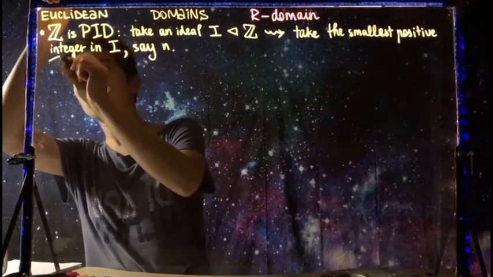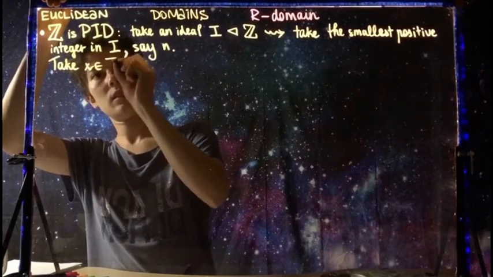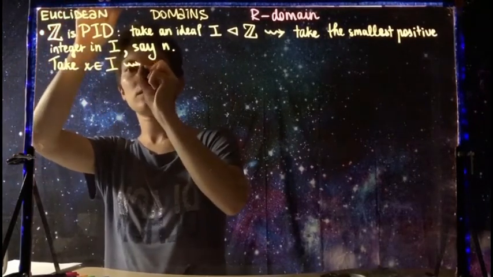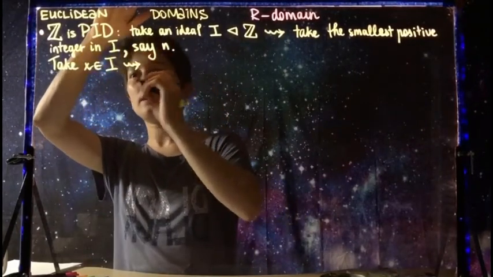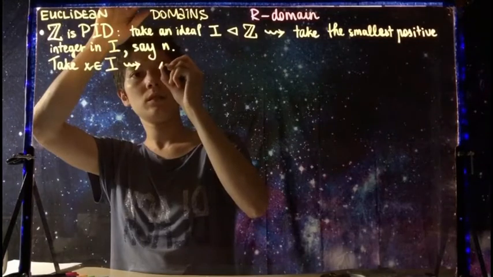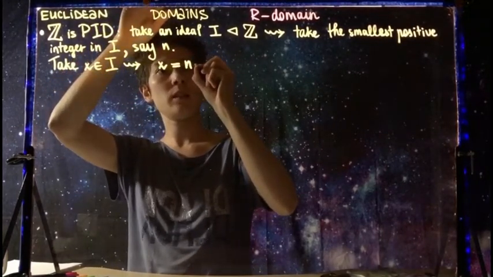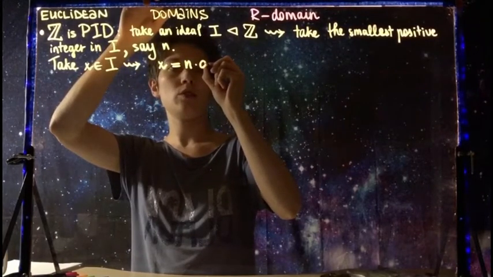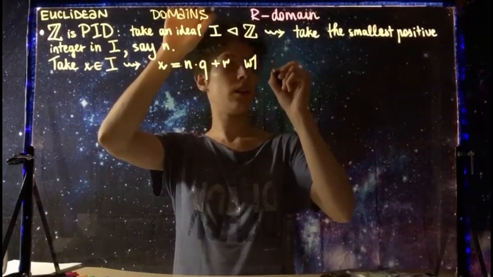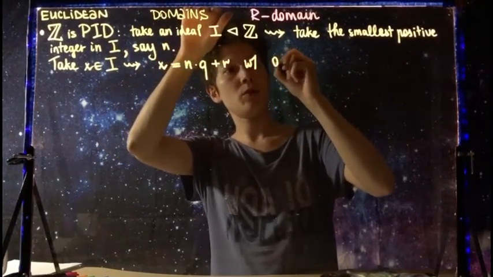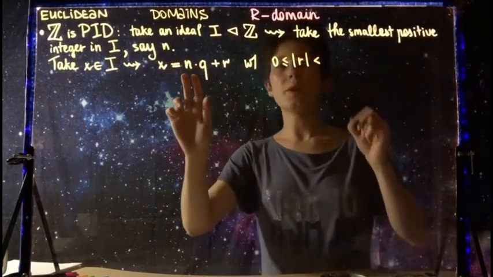So let's take some other element of I, x in I, then I can divide x by n with remainder, so we have x is equal to n times some integer q plus a remainder r with the absolute value of the remainder strictly smaller than n.